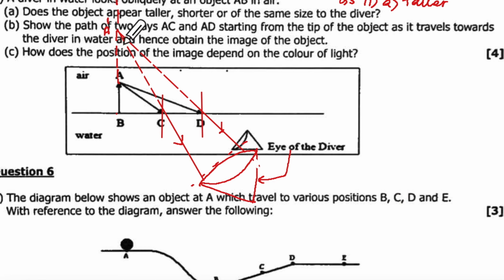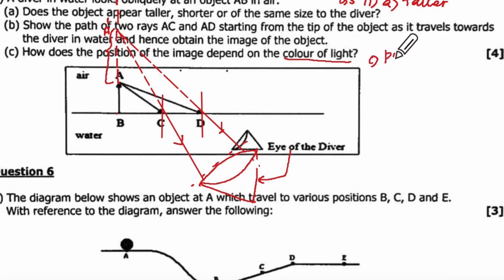Now position of the image, which means the shift over here. The shift is going to be connected with the lateral displacement also. And do you know that it is inversely proportional to the color or wavelength? Depends on the color. What will you write over there?